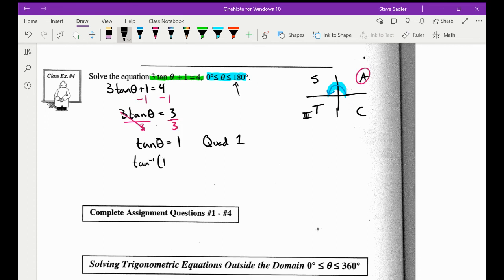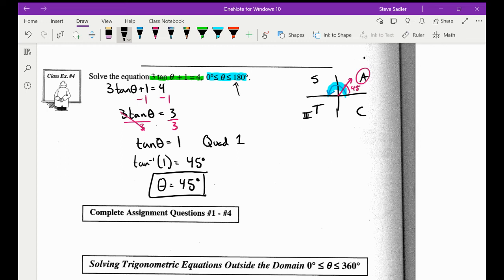Tan to the negative 1 of 1 is equal to 45 degrees. So that means it's 45 in quadrant 1, which is the nice one because that means that the answer is 45 degrees. All right, that's the first section.